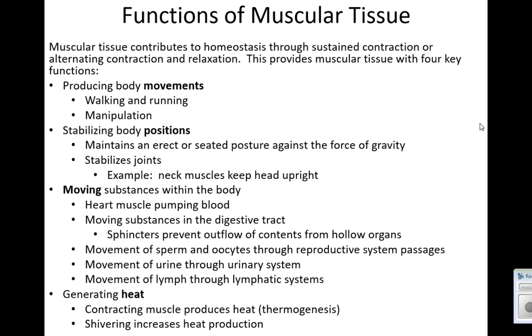The 4th function, the generation of heat, is something that we've talked about since the beginning of the semester, when we talked about the negative feedback loop of body temperature regulation. As in, when we shiver on a day like today and yesterday when it's nice and cold outside. Because as we shiver, or as we contract muscles, they produce a very large amount of heat as a byproduct.